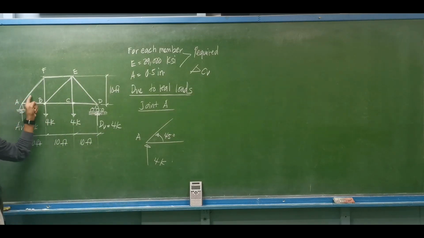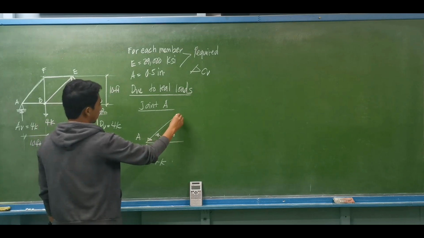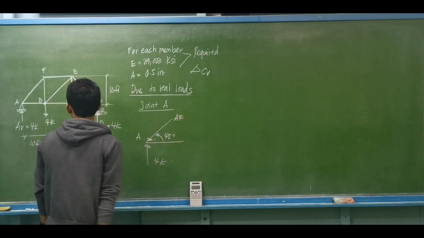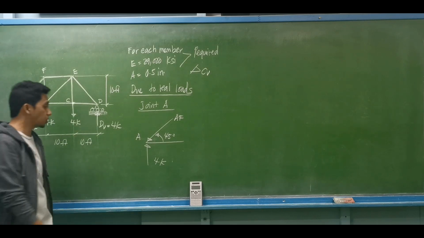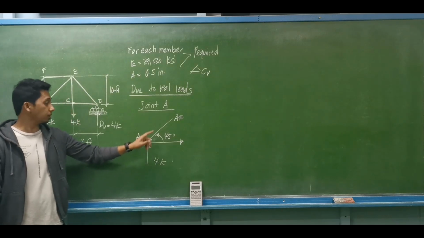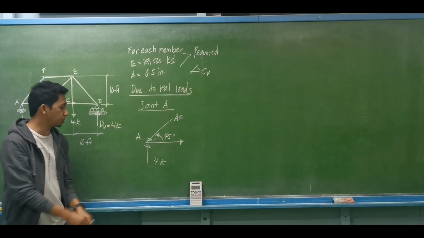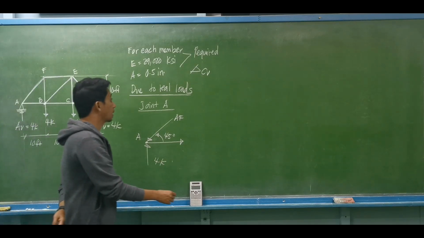Since AF is a top chord, it is assumed to be in compression. And AB is a bottom chord. Usually for bottom chords, they are in tension. Towards the joint is compressive force, and away from the joint is tension.